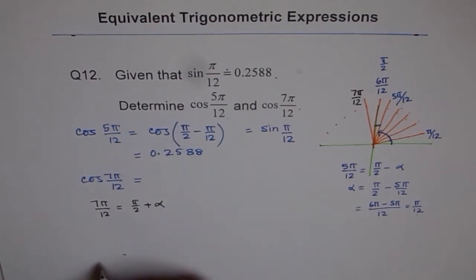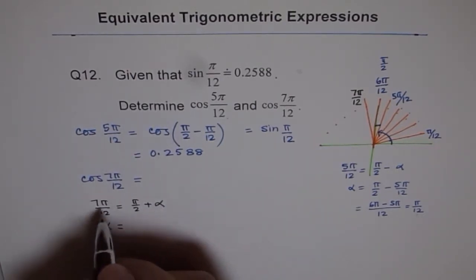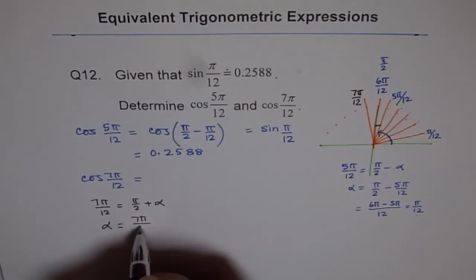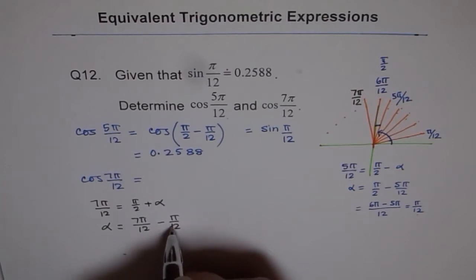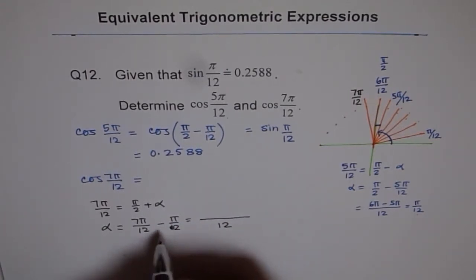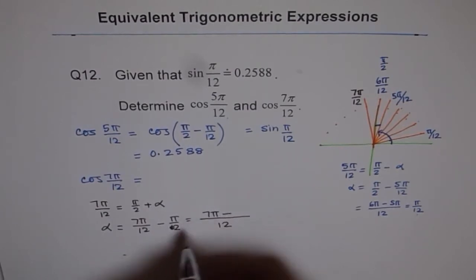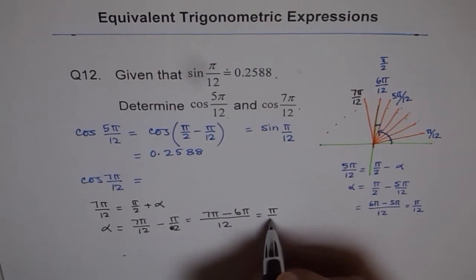So alpha is equal to 7 pi by 12 minus pi by 2. We take common denominator of 12 and get 7 pi minus 6 pi, which is pi by 12.